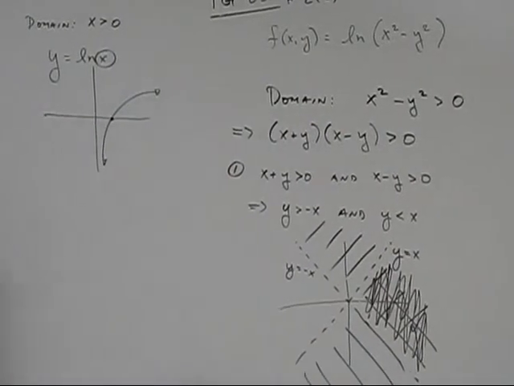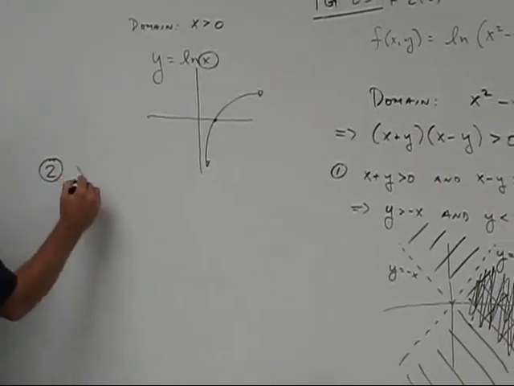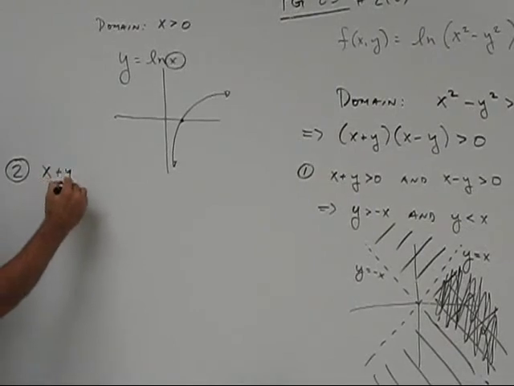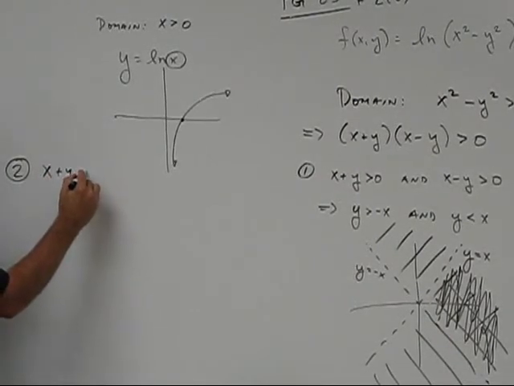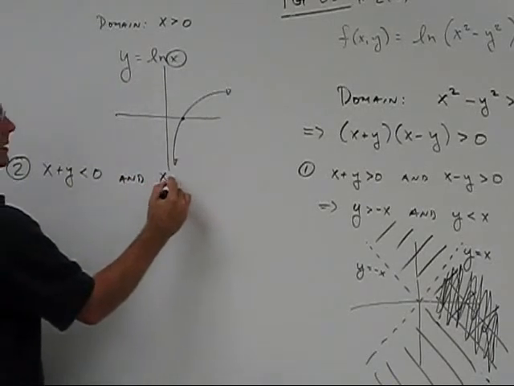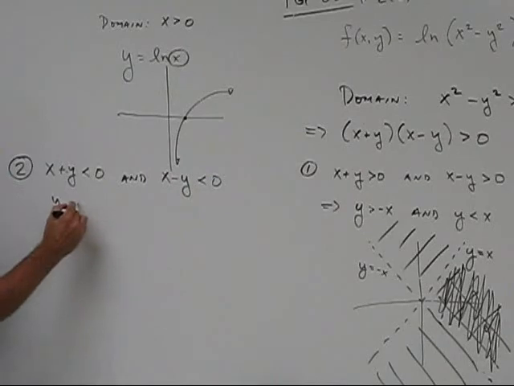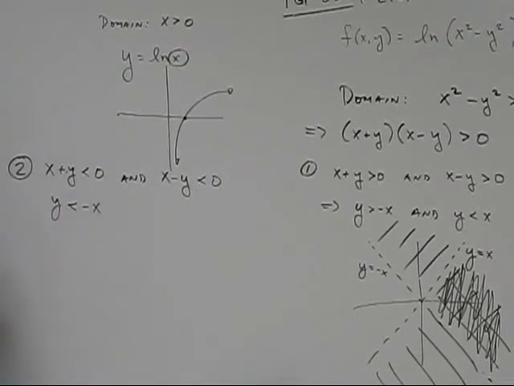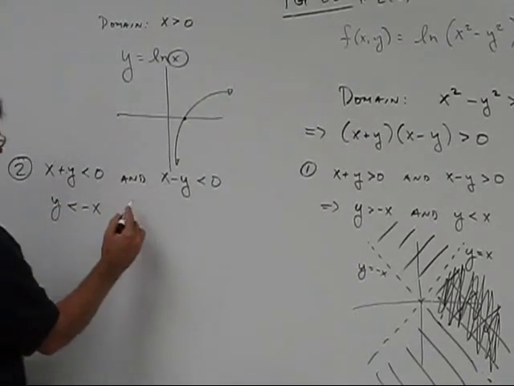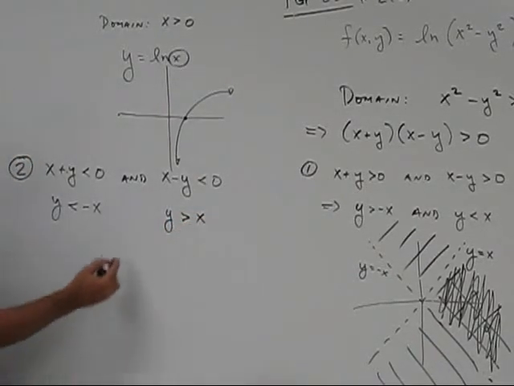The second situation is if they're both negative. So x plus y is less than 0, and x minus y is less than 0. So this gives us y is less than negative x, and this one is y is greater than x.